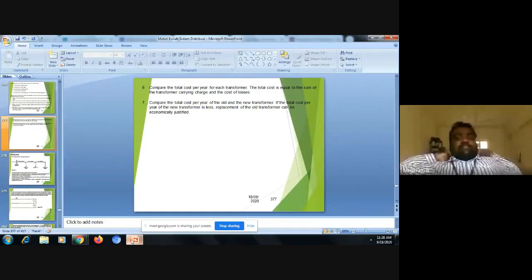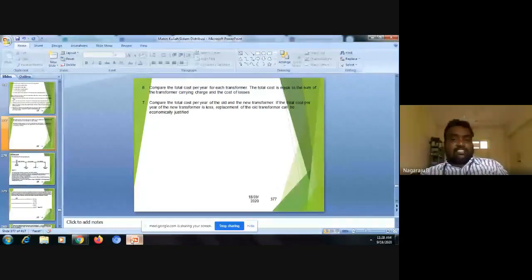Okay, how much the transformer is capable of, how much it is utilizing, plus the charge of that particular rating plus the cost of that particular losses. Okay, these are the things you need to know.